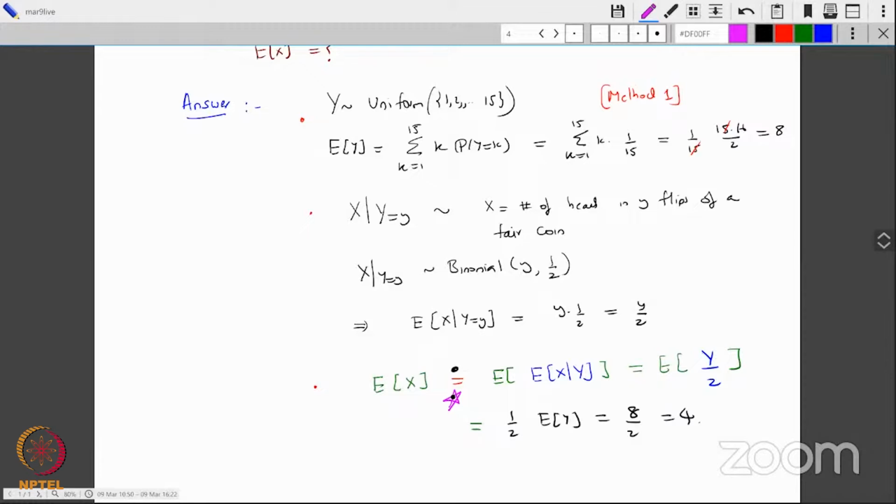Maybe the writing is a little bit off, so maybe I'll do this in pink. Let's see if that works. Very nice. And this is the value y.